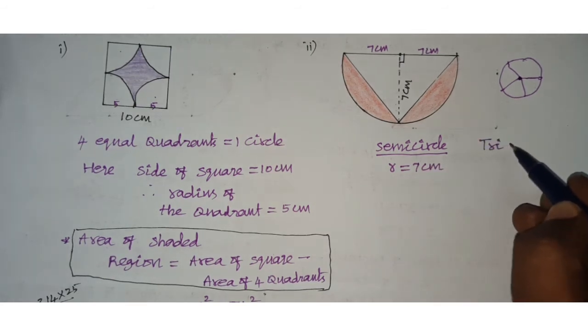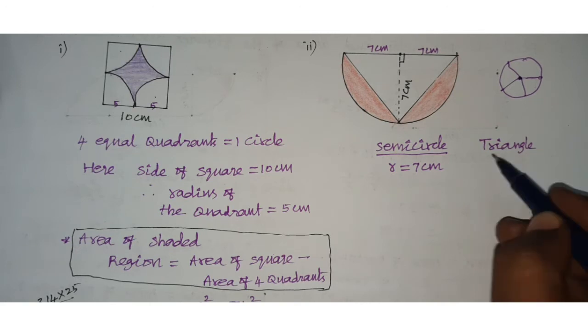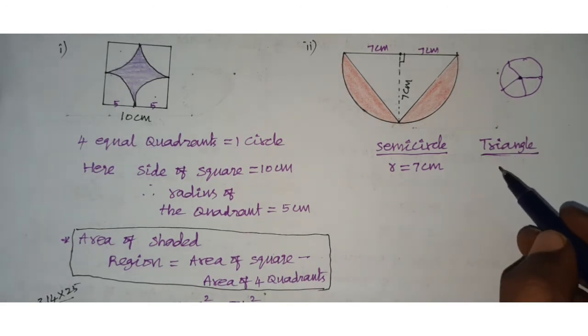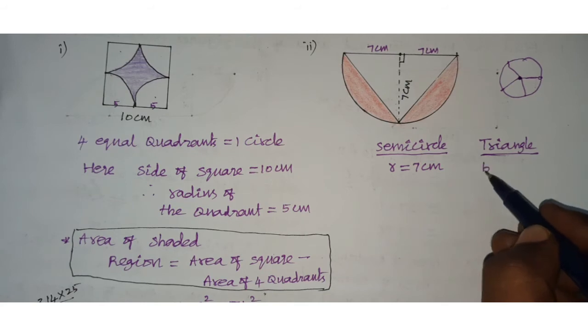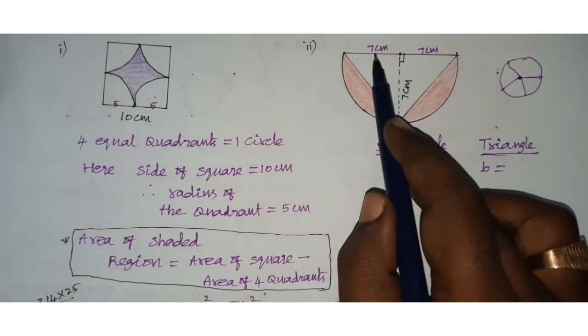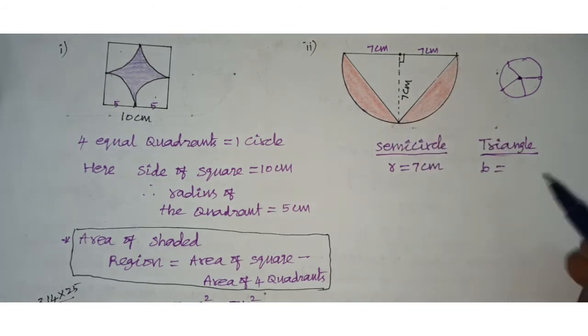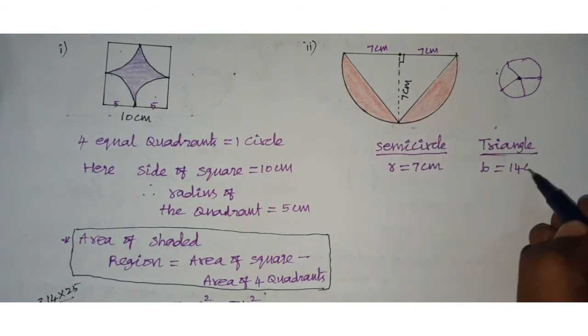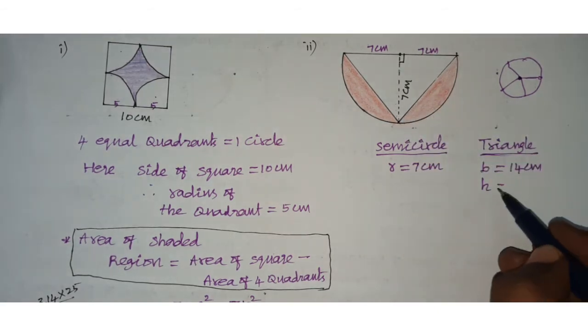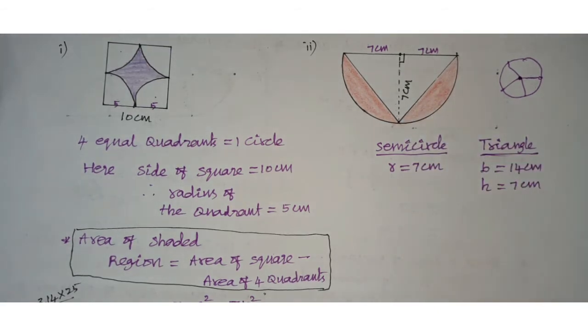And triangle. In triangle, to find area, what we need? Base and height. Here base is 7 plus 7, 14 centimeter. And height, this is the height, equal to 7 centimeter.